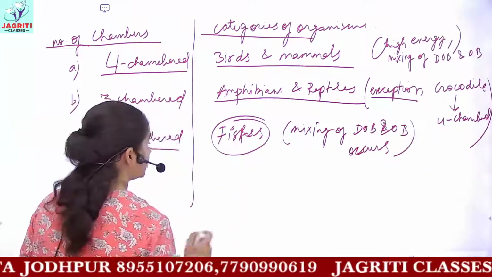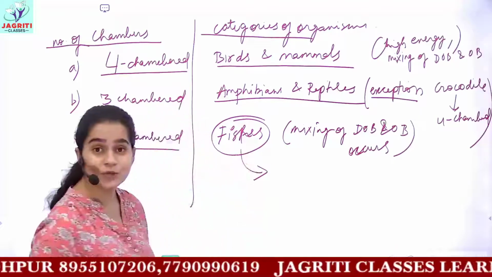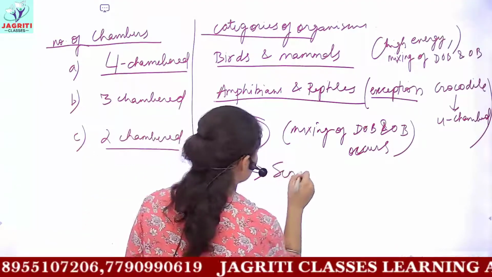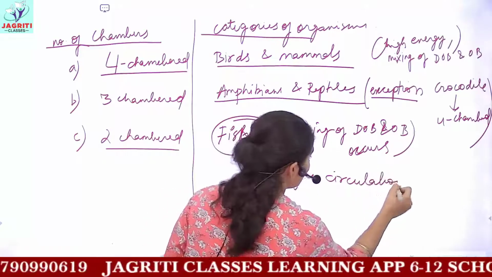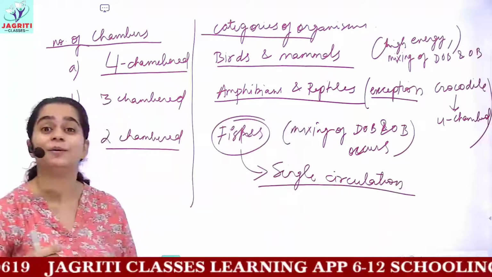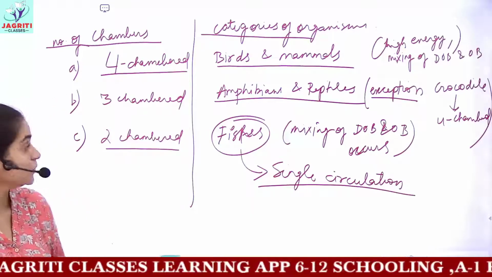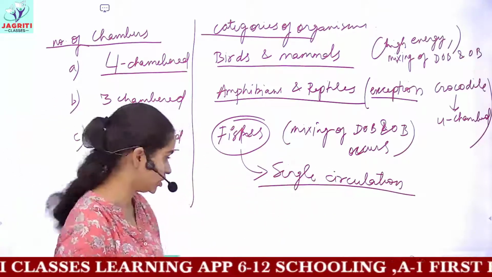And if I talk about circulation, in fishes only single circulation is present, compared to humans and mammals which have double circulation type blood flow. So in fishes you have single circulation.